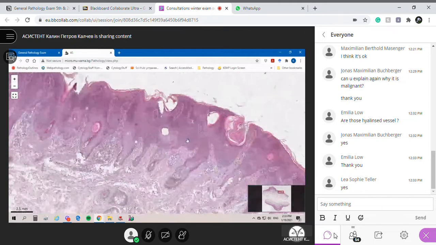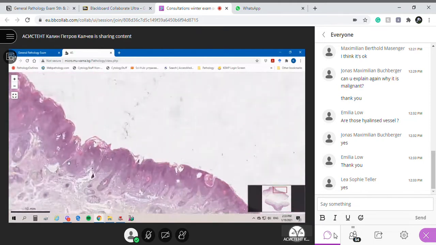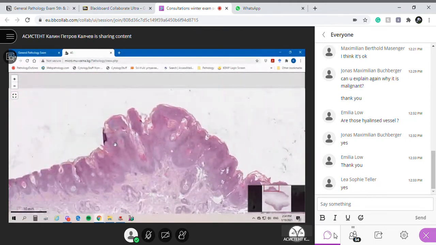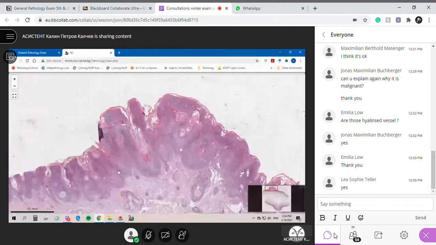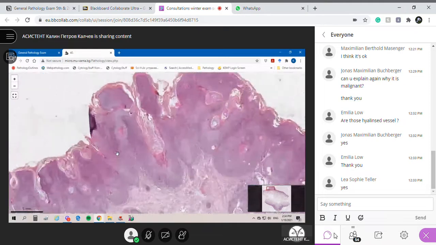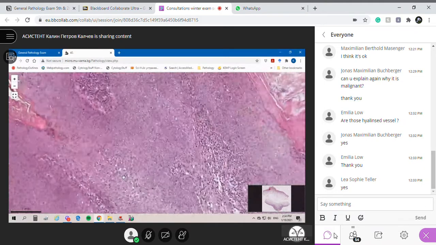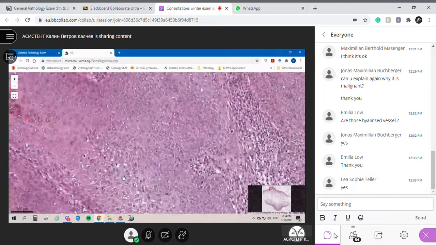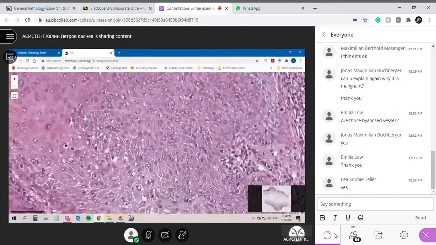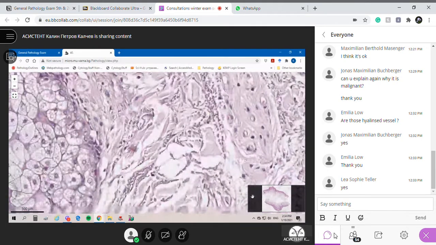When we look here, you will see this prominent area where there is such overgrowth of the epidermis. The epidermis has become much larger, but if you look closer at that epidermis, you will see that there is actually no difference between the normal epidermis, like here.